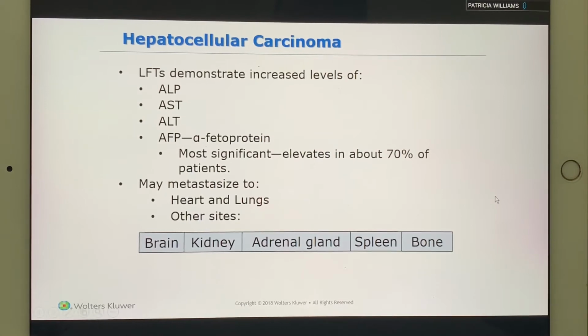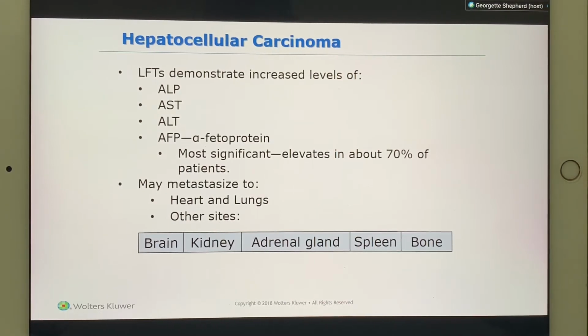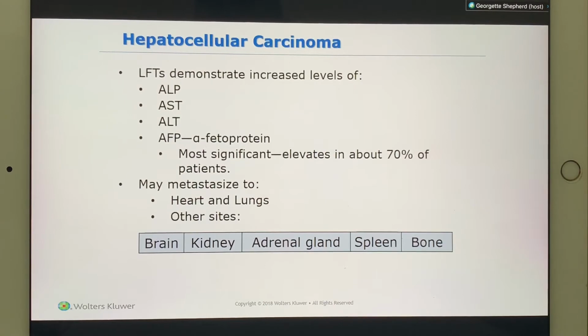The LFTs that will be elevated are ALP, AST, ALT, and AFP is the most significant, because a man should never have AFP, right? AFP is put out by the fetus, telling our body that we are pregnant. If you have someone in their 60s, you know they're not pregnant, but they have an elevation of AFP, then we know we have an HCC that we need to look for.